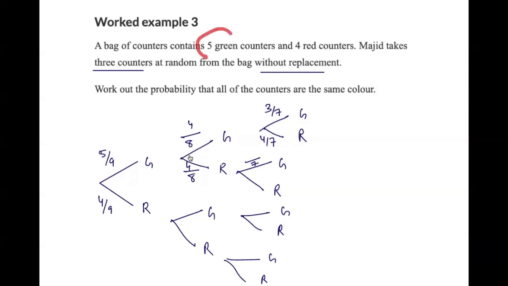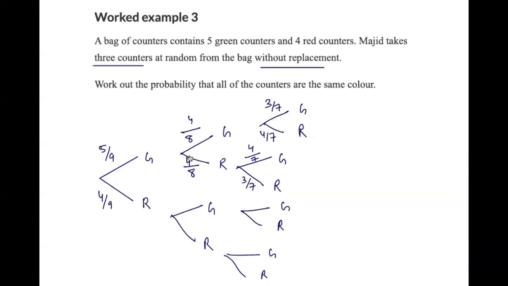So there were initially 5 green counters. 1 green counter has been taken. 1 red counter has been taken. So now the remaining green counters should be 4. Okay. And this is going to be 3 upon 7.